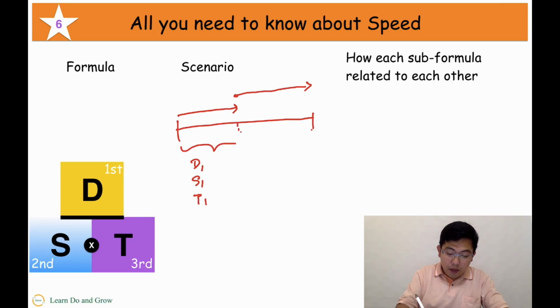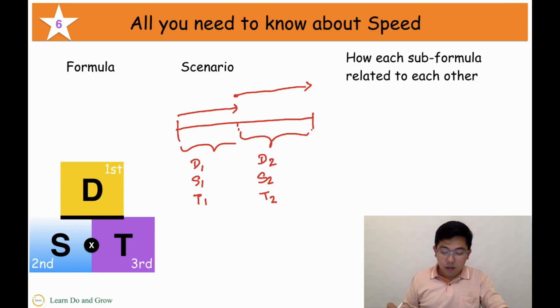And the rest of the object will move here. So when it moves here, of course, there is another D2, and it travels at S2, and it takes a certain time called T2. Okay, do you notice this? Why do I put it differently like that?